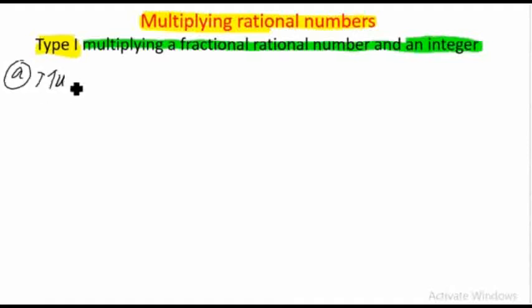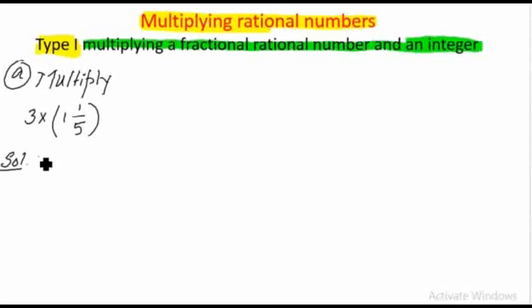Multiply 3 into 1 upon 5. So how to multiply?